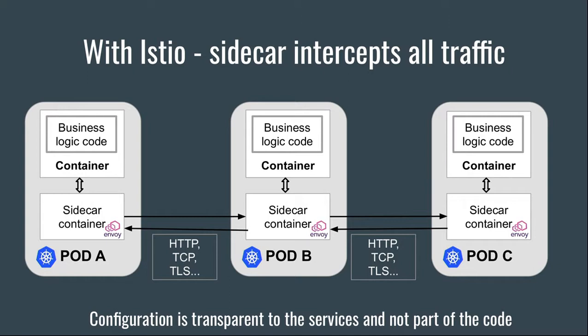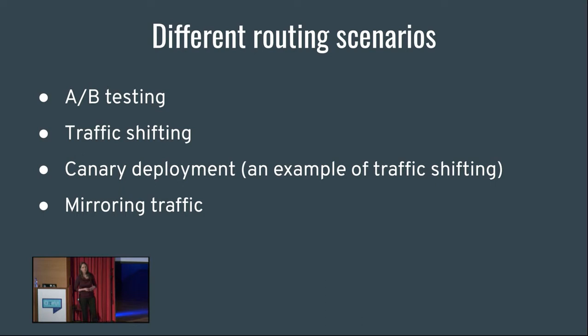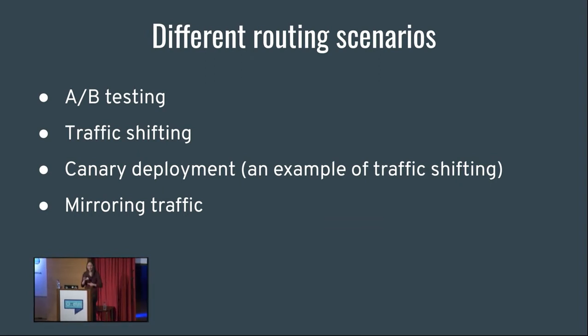We can change it at any time, and it is immediately sent to the proxies, and the application runs as usual. We don't need to rebuild it or anything like that. And now I would like to go a little bit into the different routing scenarios that Istio allows us to do.